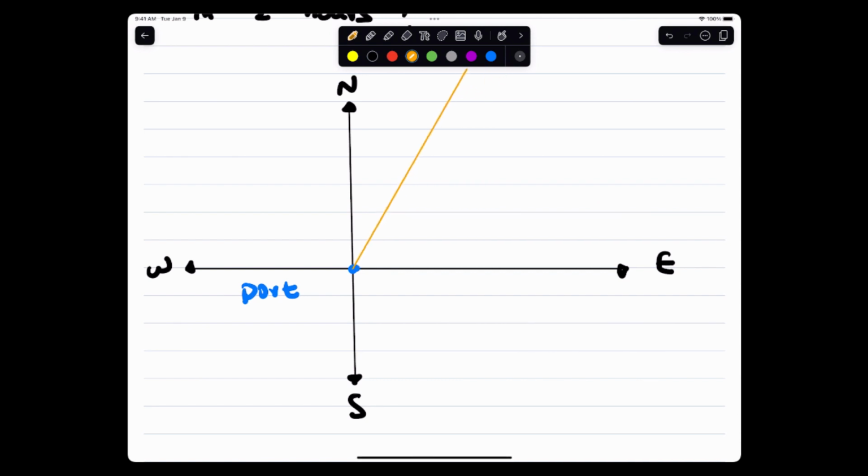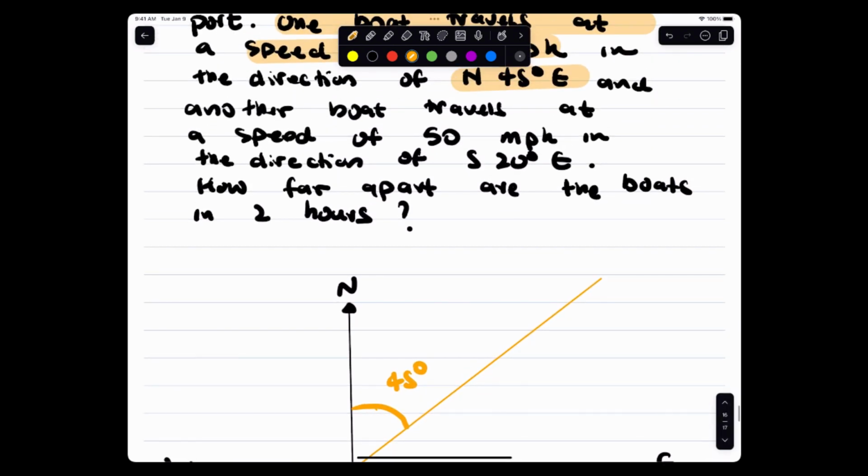North what? Northeast. What's the angle though? 45. So we got to know it's about a 45-degree angle. So I'm just going to draw this line here, and I'm going to label this to be 45 degrees. This is for that first boat in orange. I'm reading. I'm highlighting the words.